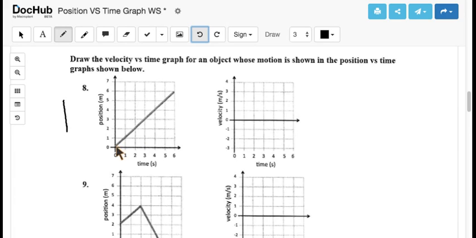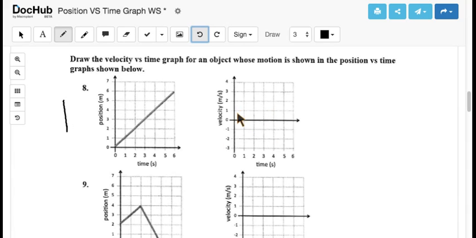Now, we talked about this earlier. A straight line in a position versus time graph means a constant velocity, and we just proved that. Every single time the rise and the run are the same. Up 1 over 1, up 1 over 1, up 1 over 1. And the entire time, no matter what 2 points you pick, 6 meters divided by 6 seconds is going to give you 1 meter per second.